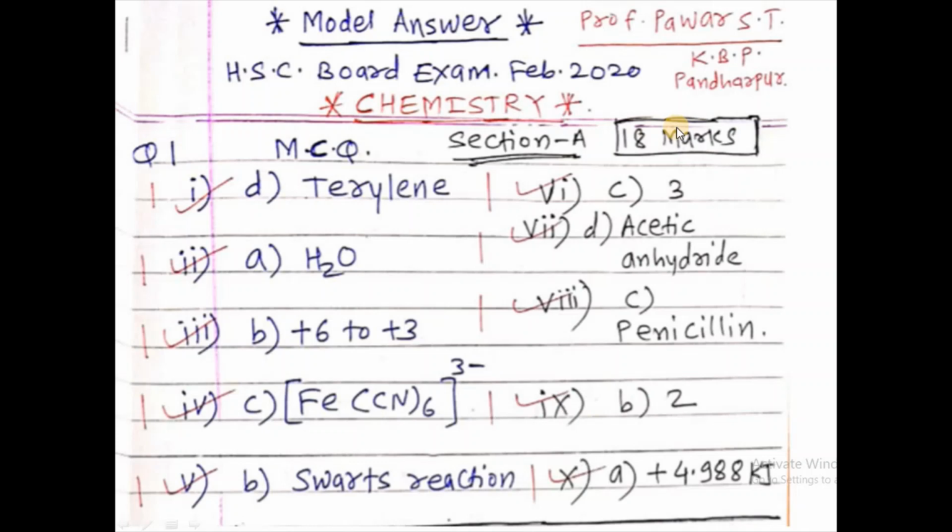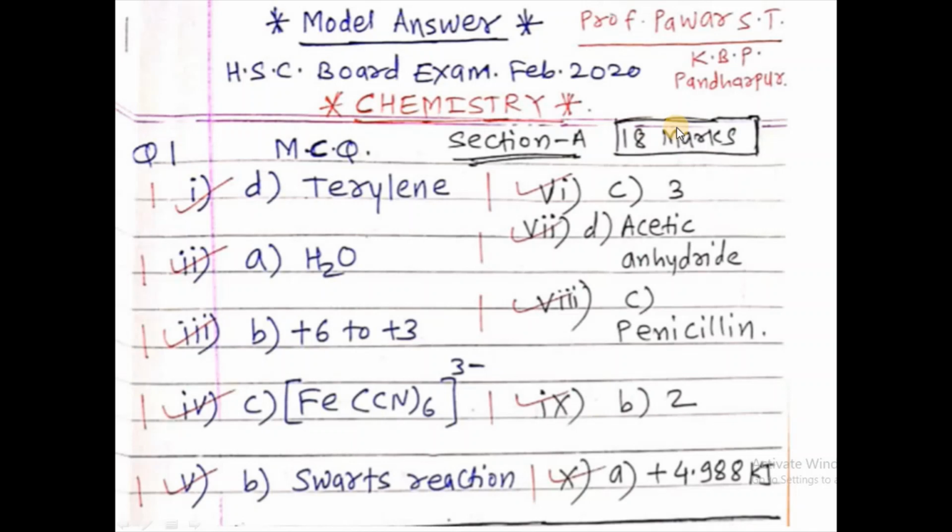Section A contains questions having 1 mark, section B contains questions having 2 marks, section C contains questions having 3 marks, while section D contains 4 marks. Hence we will start the discussion of the answers to the questions in chemistry.